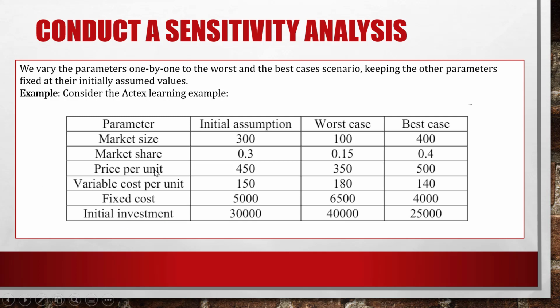That means we keep market share 0.3, price per unit 450, variable cost per unit 150, fixed cost 5,000, initial investment 30,000. But for market size, we consider when it's from 100 to 400, and we see how the deviation would be.